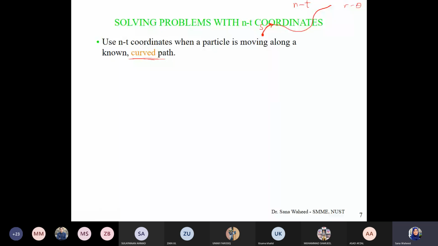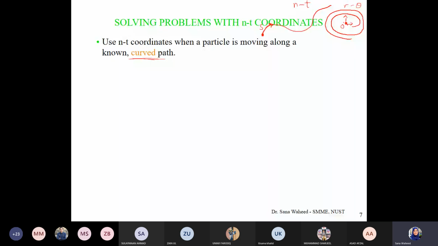Whereas for the R theta coordinate, if we have a curvilinear motion, let's say which is spiraling with some sort of an increasing radius or decreasing radius, then I can see that this spiral does have some center somewhere which can act as my origin, and which is useful to represent as some sort of a reference point.